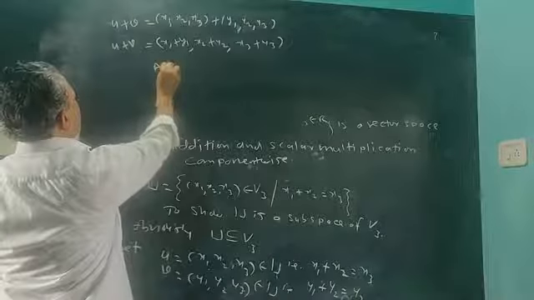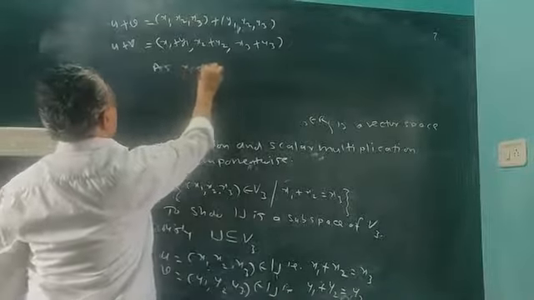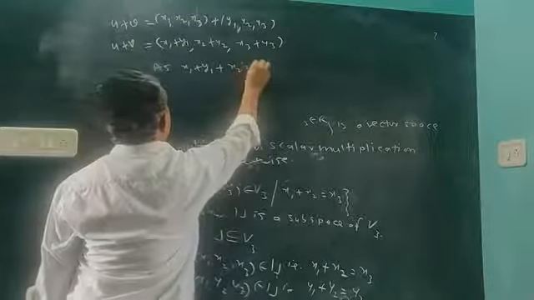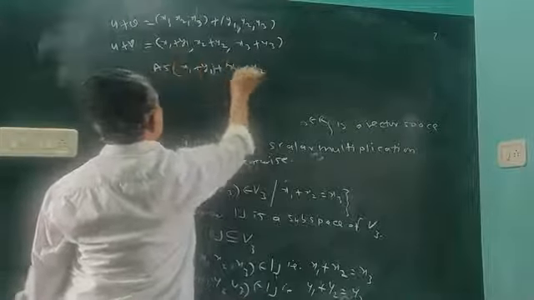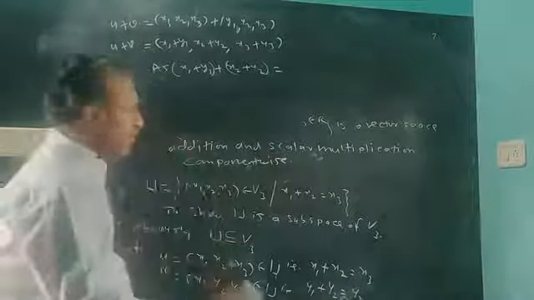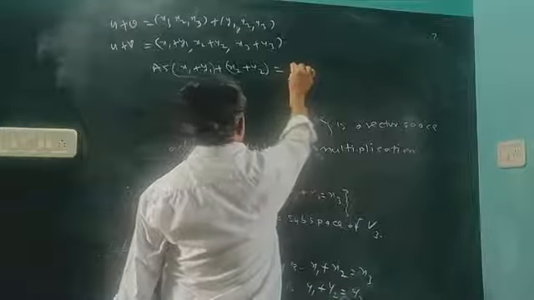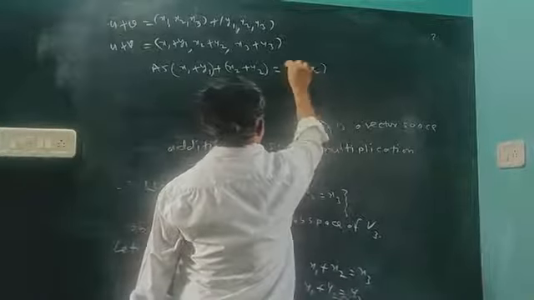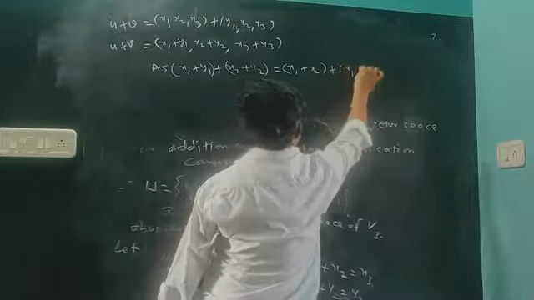Check x1 plus y1 plus x2 plus y2: the addition of the first two should be the third one. This is the same as x1 plus x2 and y1 plus y2.